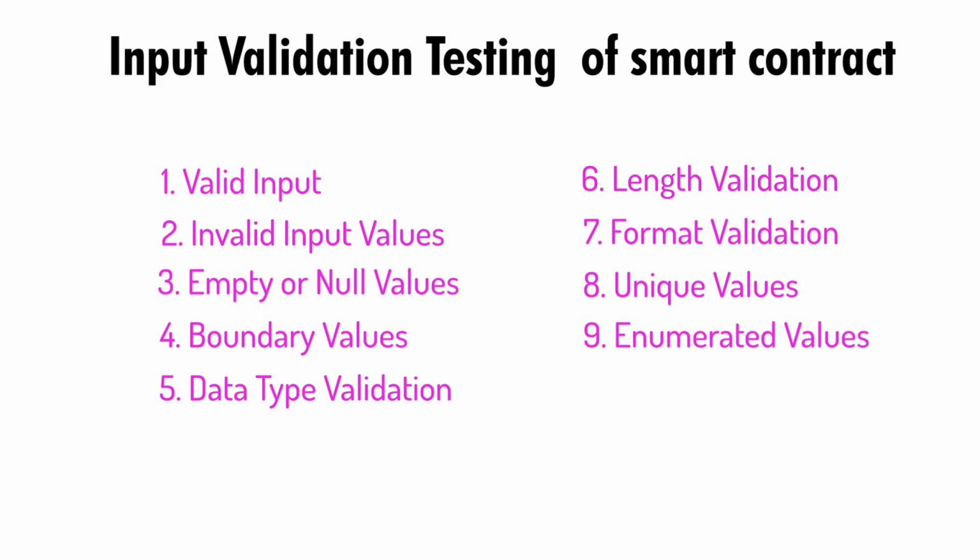Cross-field validation. Test the contract with input values that require validation across multiple fields or dependencies, and verify that the contract performs cross-field validation checks and rejects inputs that do not satisfy this interdependence.